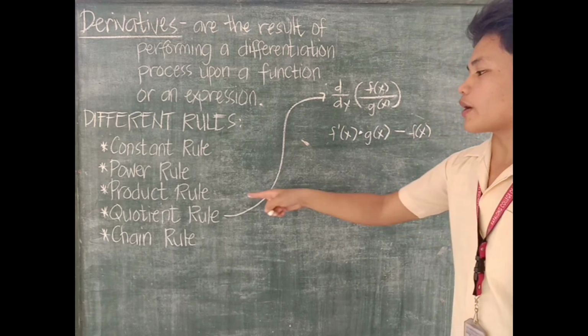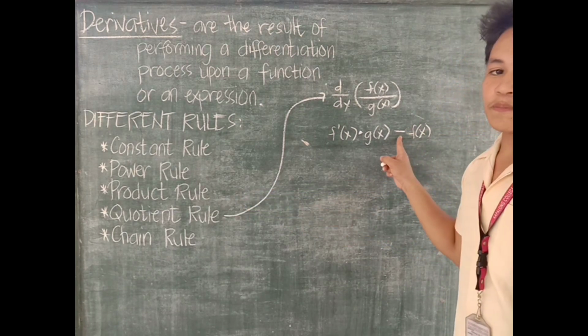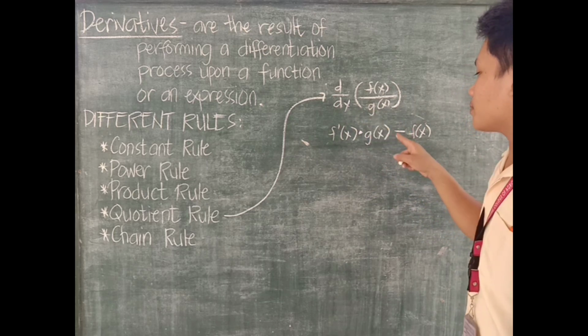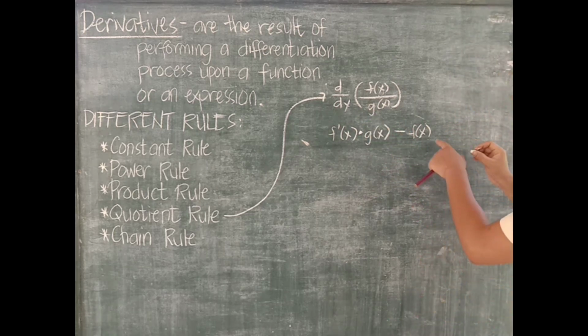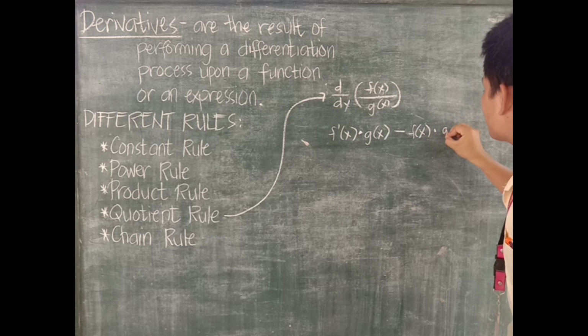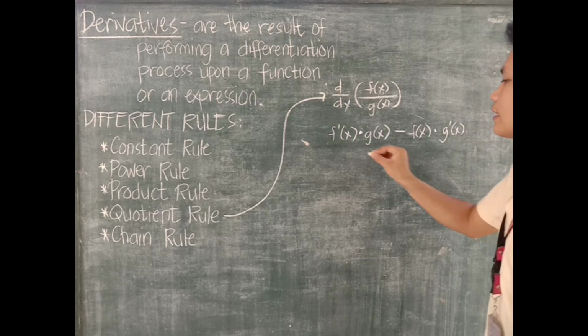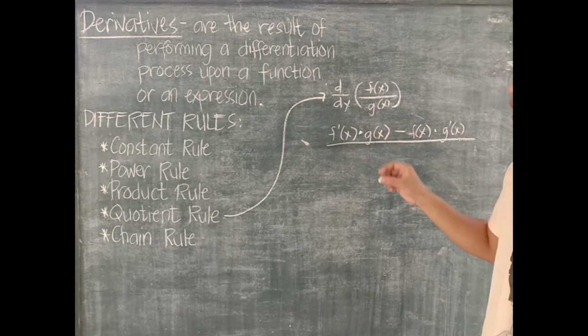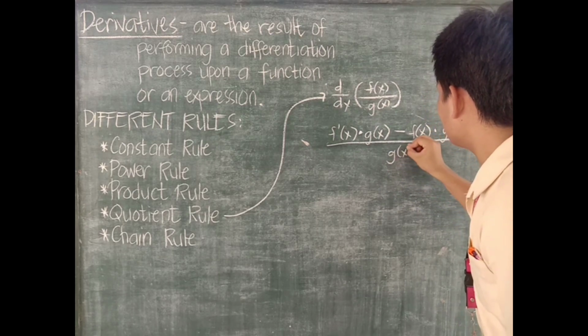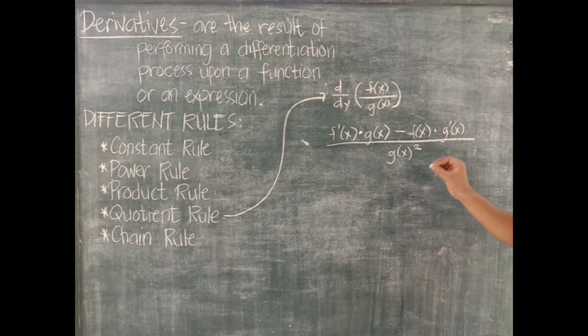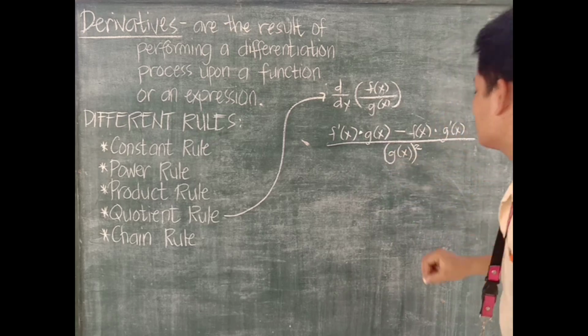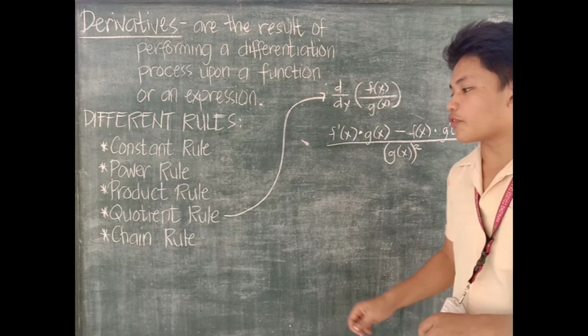If the product rule is addition, then the quotient rule will be subtraction. So next, we multiply this by g prime of x. So it is all over g of x squared. Okay, that's how you solve the quotient rule.